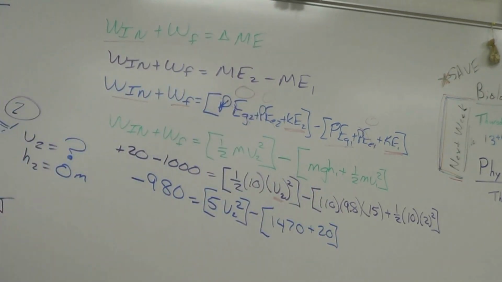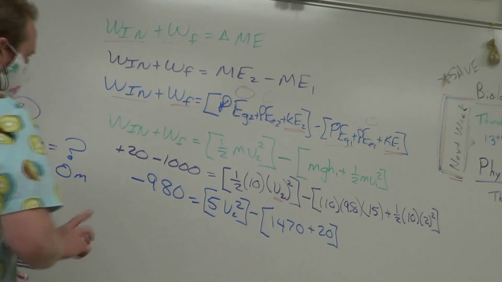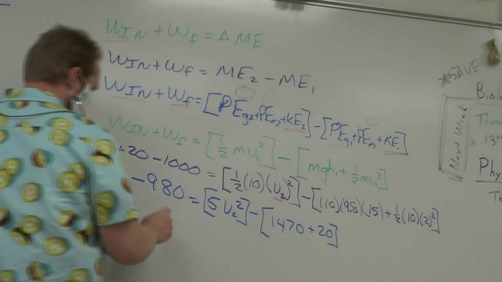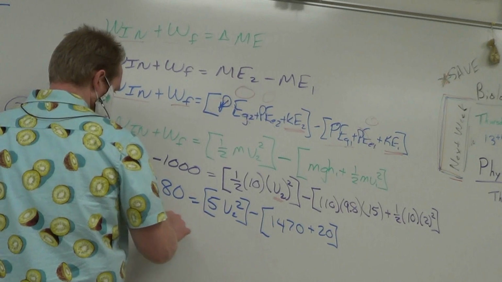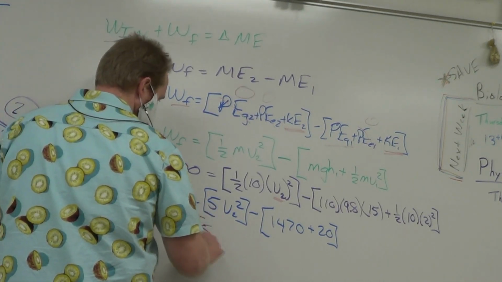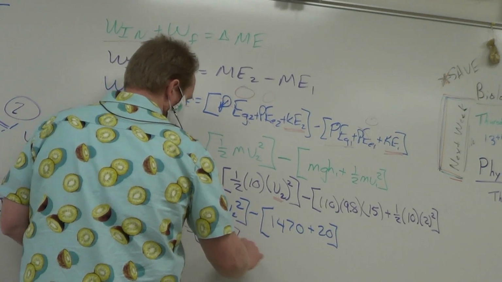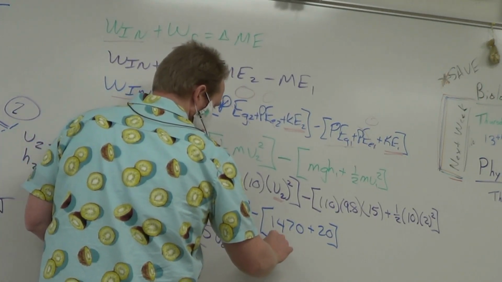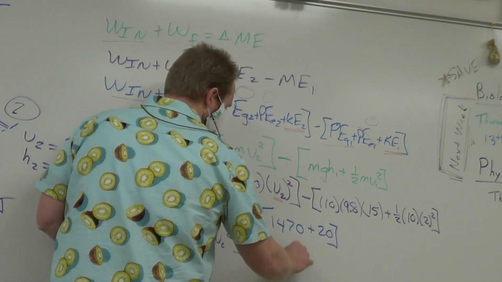I'm pretty sure that's what those two numbers are. All right. Negative 980 is equal to 5 V2 squared minus, what is it, 1,490.